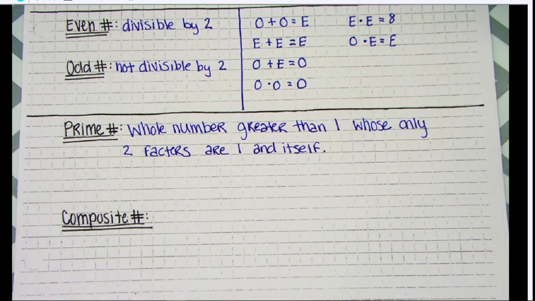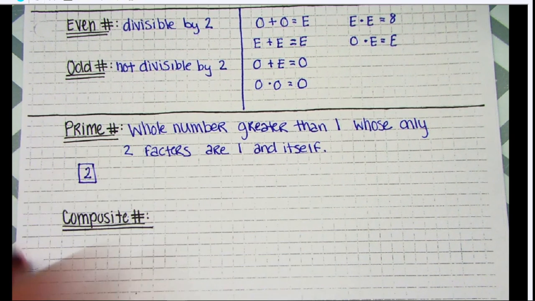Now, we don't include 1 because it has to be a number other than 1. Okay. So the smallest prime number, where the only 2 things that divide evenly into it are 1 and itself, is 2.